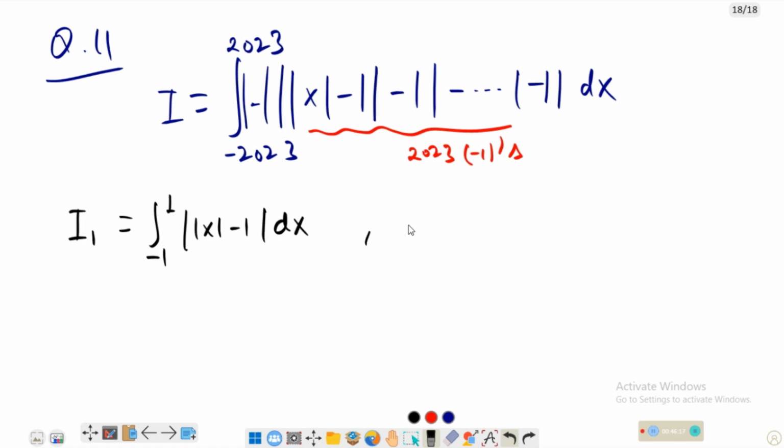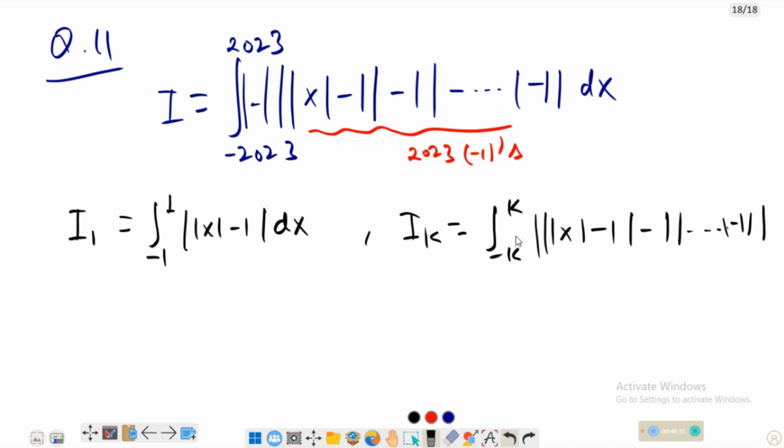If we assume Ik like that, it is from minus k to k of mod x minus 1 mod minus 1 mod dot dot minus 1 mod, where there are k minus ones.